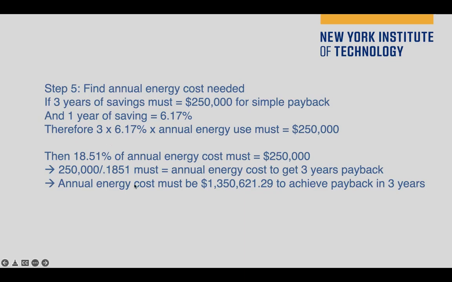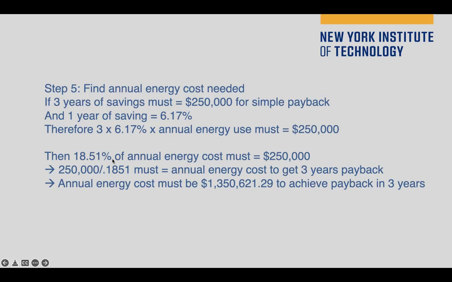And for this one, why we come up with 18.51% is: if every year we have 6.17% saving, and we obtain this for 3 years, we multiply this number by 3 and obtain 18.51%.